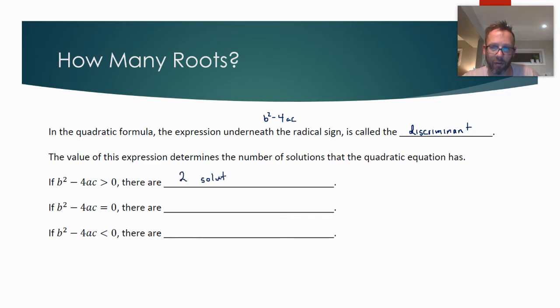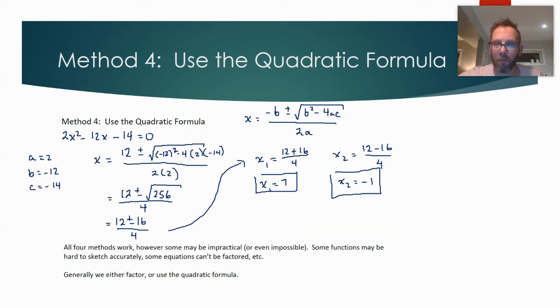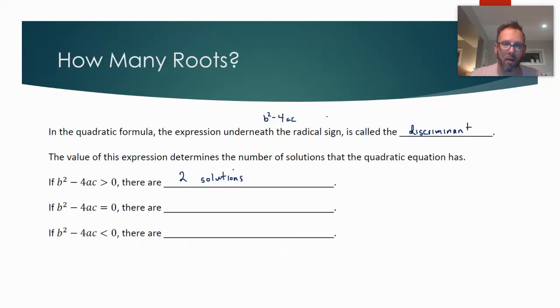Keep the terminology simple for you guys. If b squared minus 4ac is 0, well, the square root of 0 is 0. You'd be adding 0 and subtracting 0. That gives you the same value. So what you end up getting in those cases is one solution, because adding 0 and subtracting 0 are the same thing.